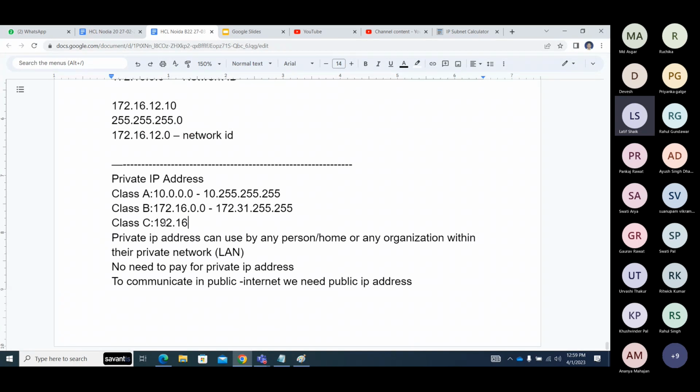In the same way, 192.168.0.0 to 192.168.255.255.